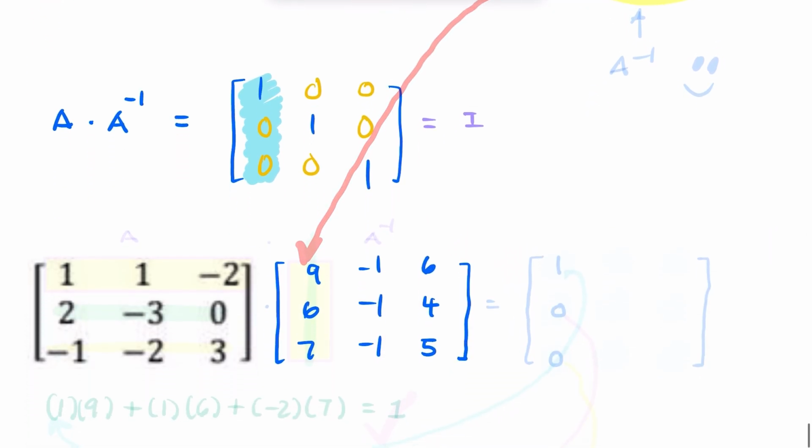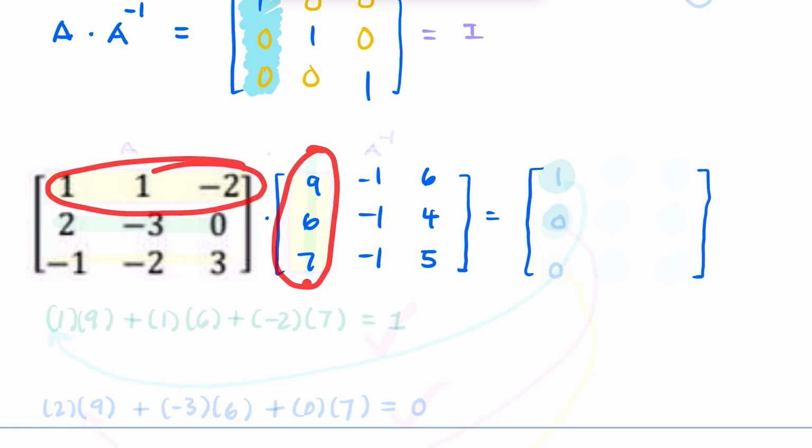So you've got the product of these two matrices, and because they're both square matrices, the product will also be a square matrix. And there should be these three elements that we're trying to find.